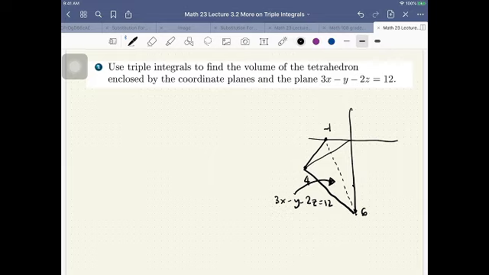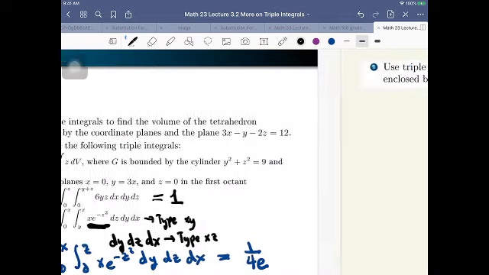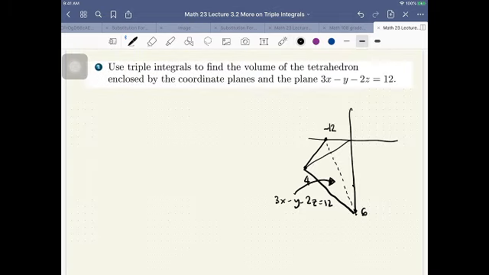Sorry, my drawing is quite wrong, but if I just put minus 12, then it's fine. And when x and y are 0, then z should be minus 6. So you have minus 6 over here. Please don't mind that minus 12 is shorter than minus 6.